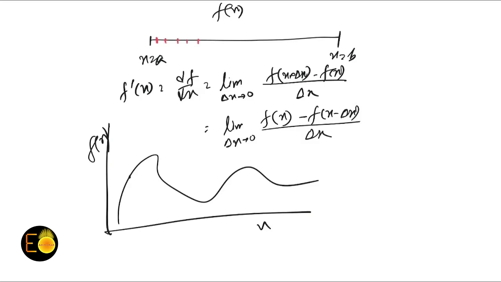Now if I consider this delta x so large that it includes, suppose this is x1 and this is x2, so x2 minus x1 is equal to delta x.